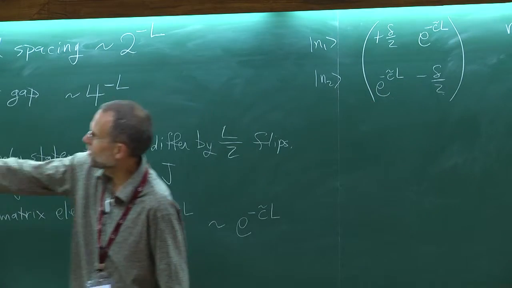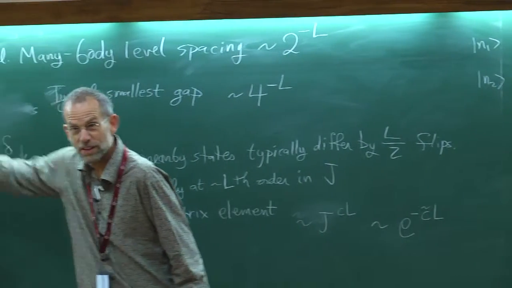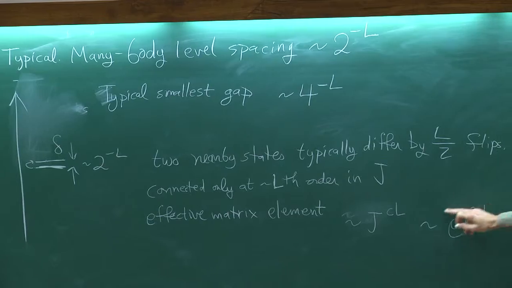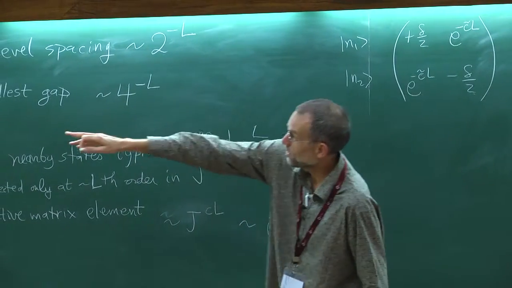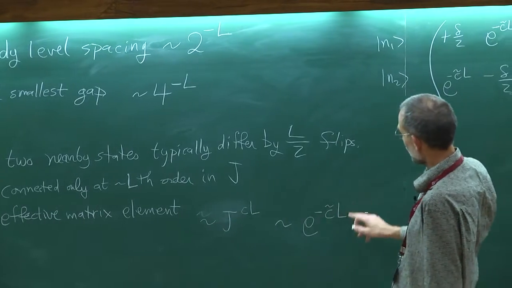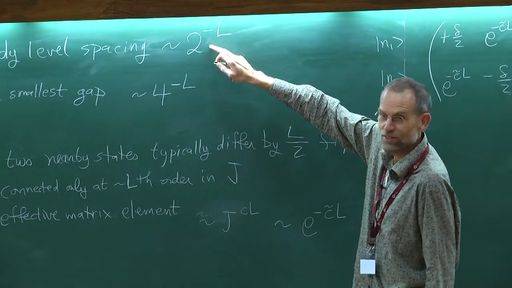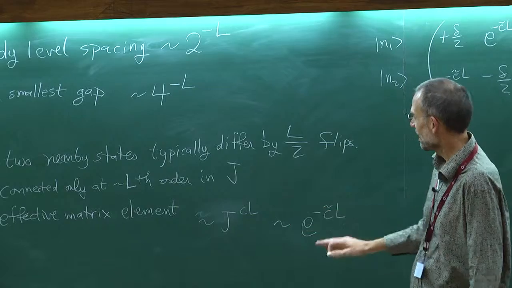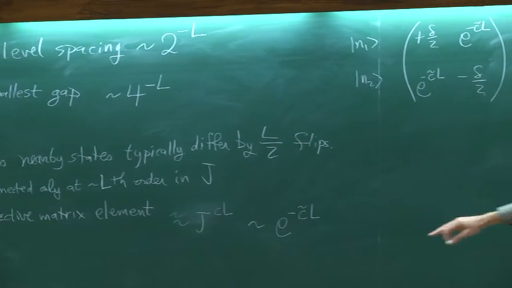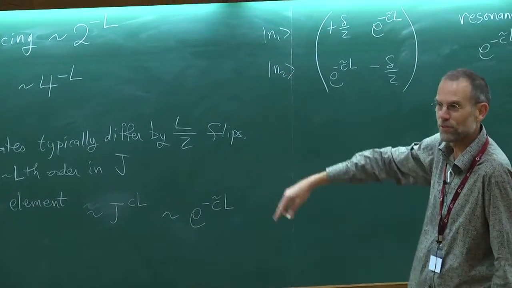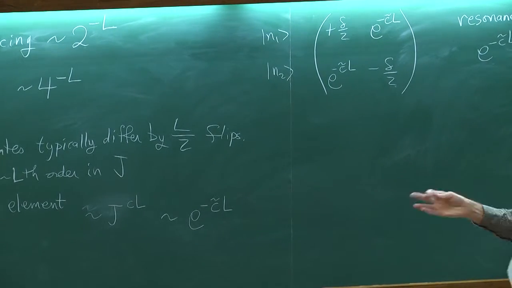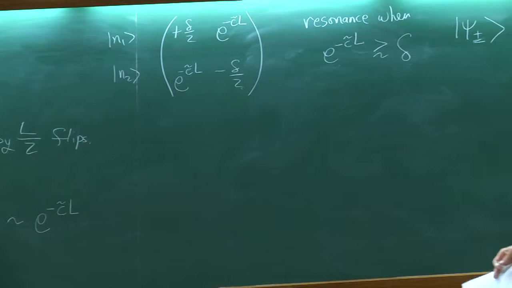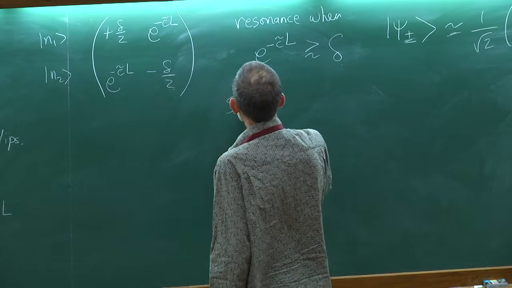And obviously, if I turn this J down very small, I can make this exponential decay faster than either of these two. But if I let the J be big, this exponential won't decay faster than this one, right? And so I can go into the regime where you always have resonances, and I can go into the regime where the resonances are rare, and those are the two different phases, right? Okay?